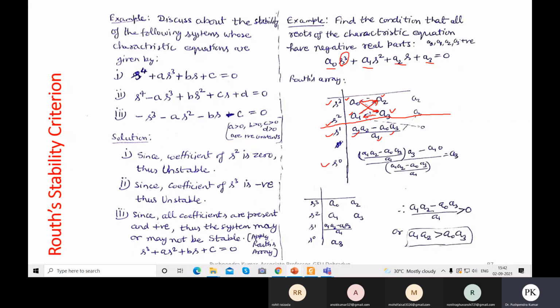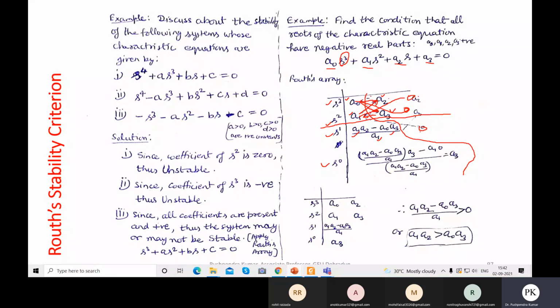The first term is clear. Now I make a line like this. This is my first column. Sorry, I have not written it clearly. Now for the next part, if you multiply similarly, a1 times 0, because the third column is 0, and a0 times 0, so here it will be 0.